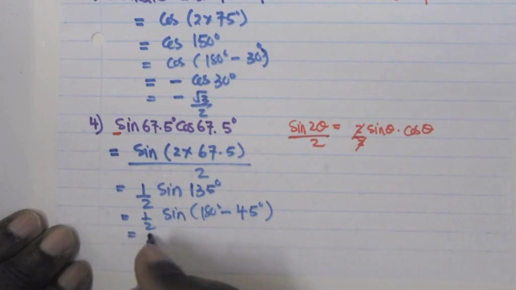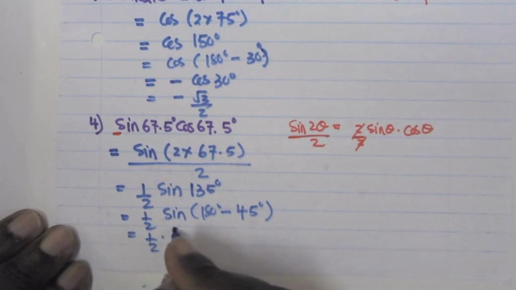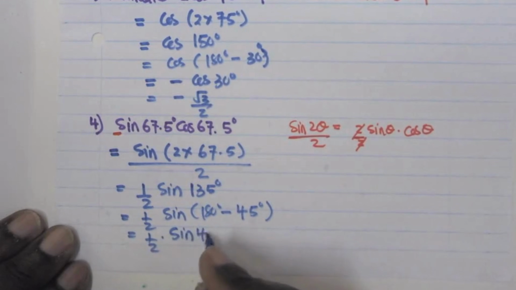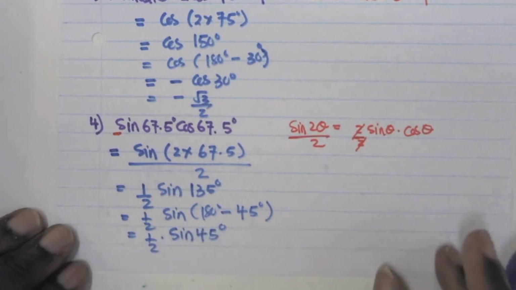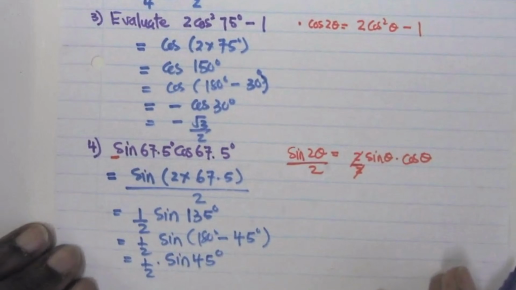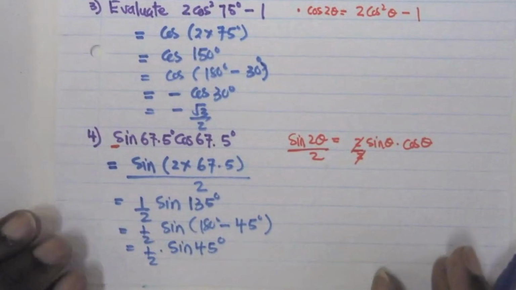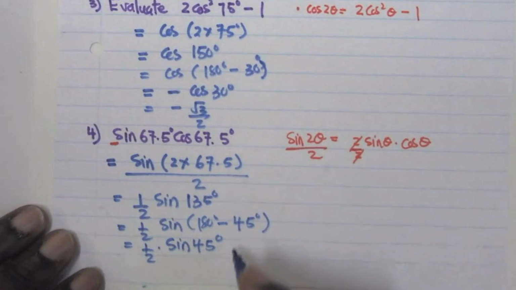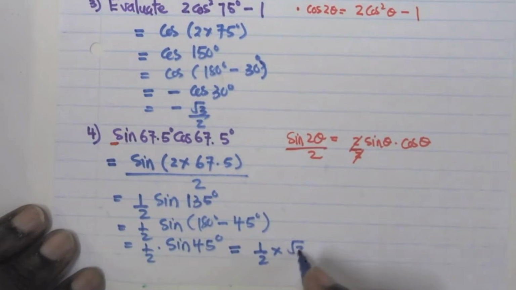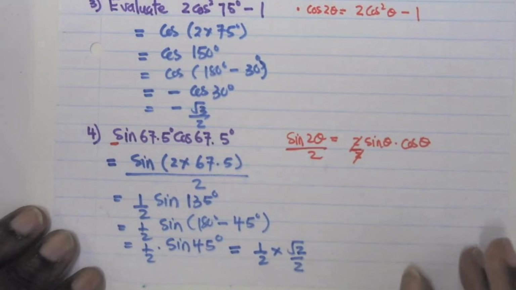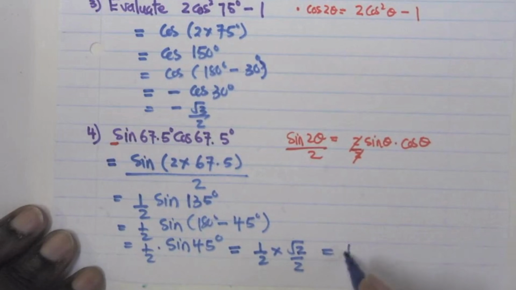And this is going to give me sine of 45 degrees. And sine 45 is a special angle. I can simplify this further. And my final answer is going to be square root of 2 over 4.